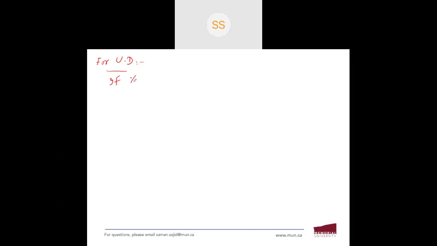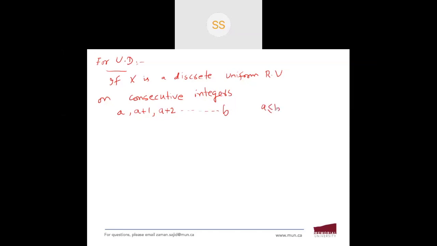If X is a discrete uniform random variable on consecutive integers, for example, the integers could be a, a plus 1 because they are consecutive, a plus 2, and up to the point b, where we need to make sure that our a value is less than or equal to b.